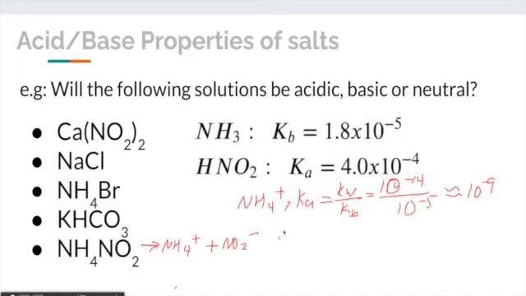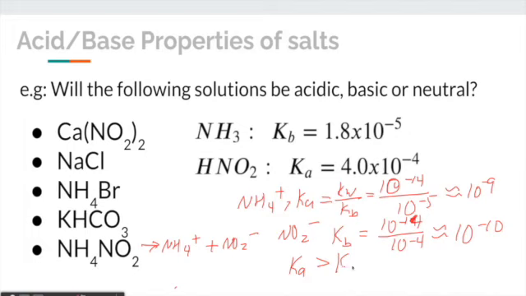And for NO2 minus, the Kb is going to be about Kw, so that's 10 to the minus 14, divided by Ka, which is 10 to the negative 4 approximately. So that's approximately 10 to the minus 10. So in this case, Ka is bigger than Kb, and so that comparison tells us that this is going to be an acidic salt when the substance dissolves.